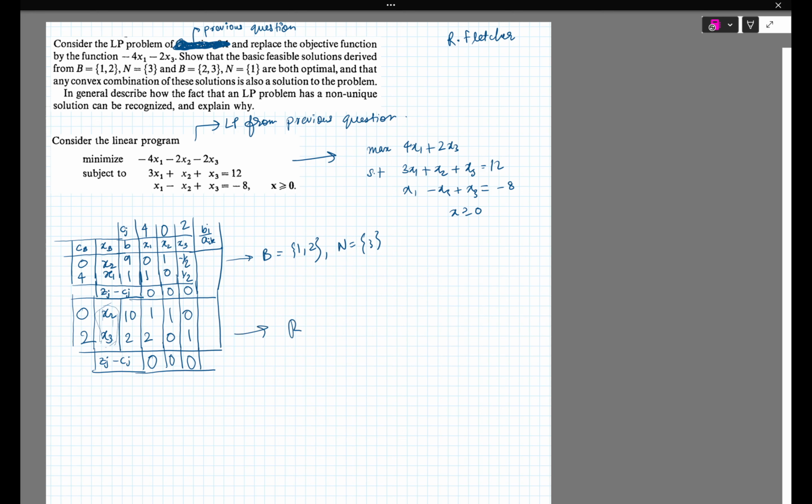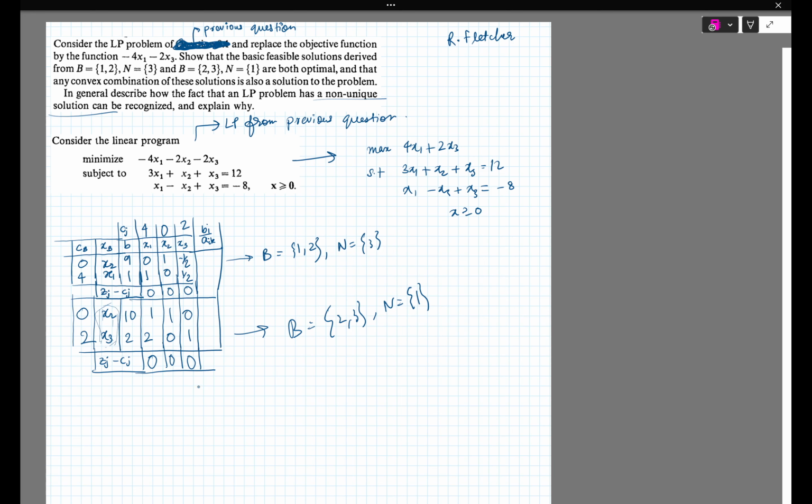So both are optimal. But for the non-basic variable it is 0, so it will not be a unique solution. How do you recognize that as a non-unique solution?